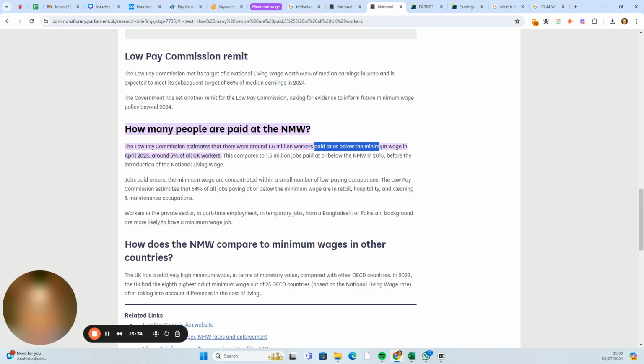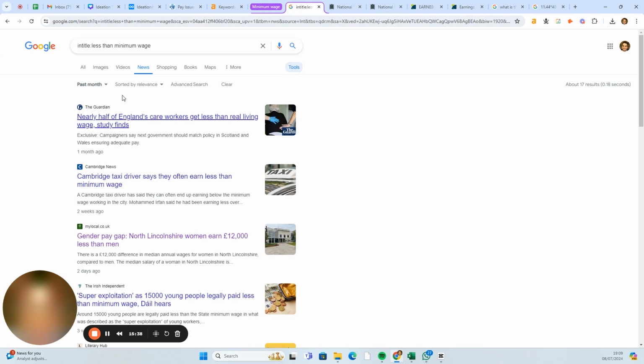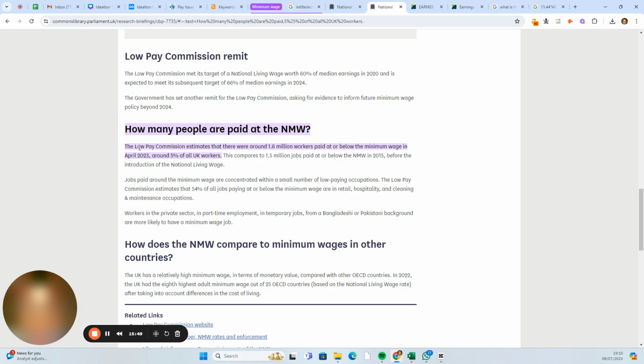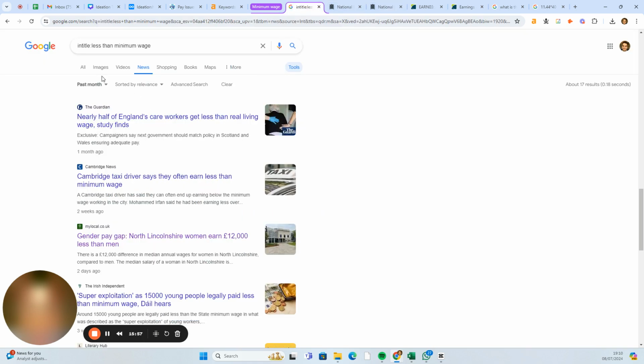It's not below the minimum wage, it's at or below. And clearly journalists care about people being paid less than minimum wage. I mean, it's breaking the law, but there isn't information about this. The information is about at or below the minimum wage. That could mean that 1.6 million people are being paid at the minimum wage, but the journalists want to know who's being paid below it.